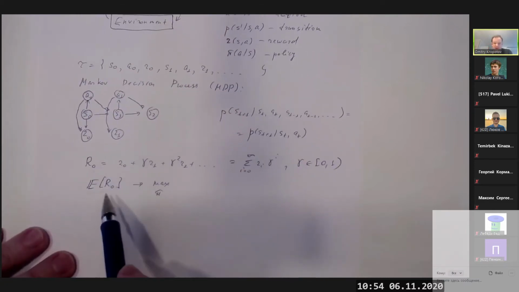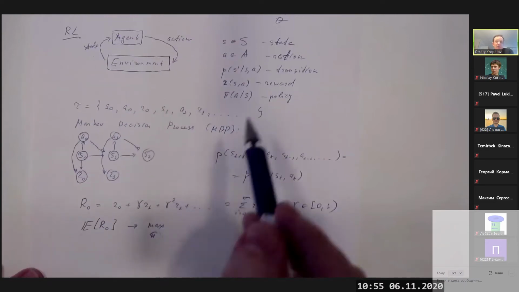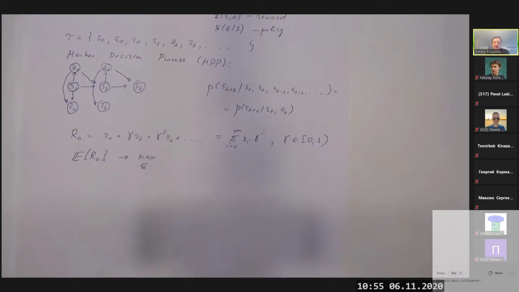So here we take an expectation of this thing, and we maximize it with respect to all possible policies in the set of all policies, trying to find the best possible policy that maximizes the cumulative reward in an MDP.